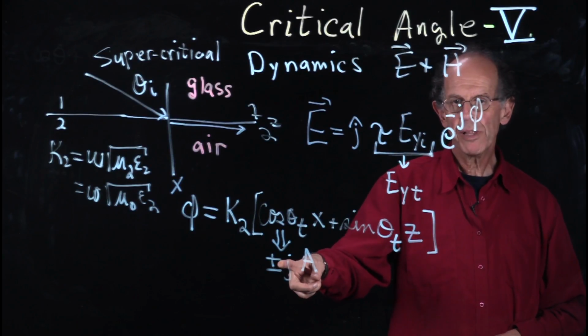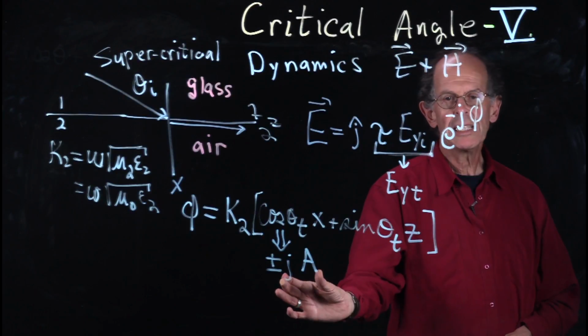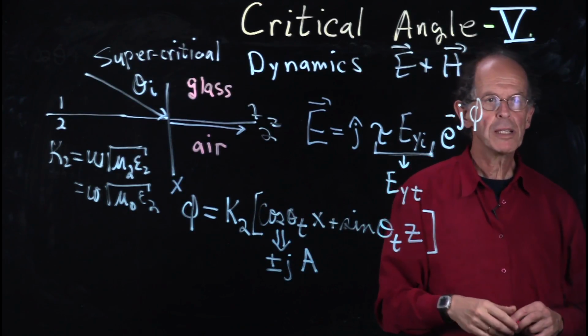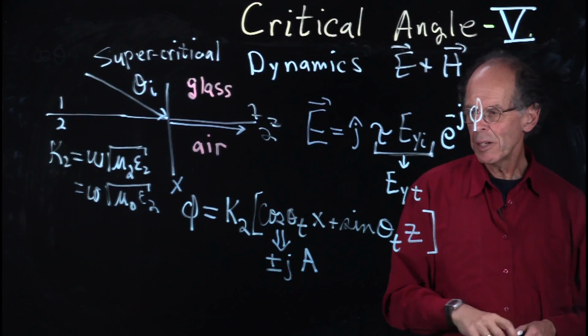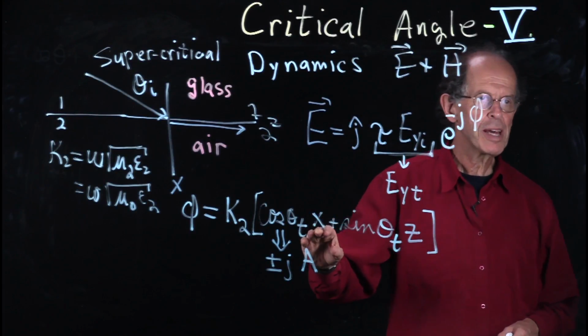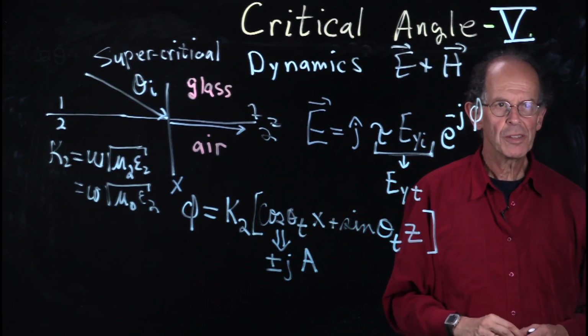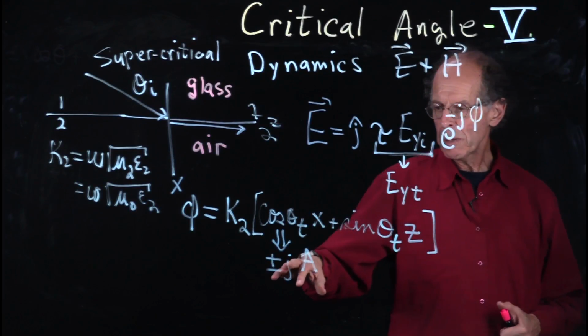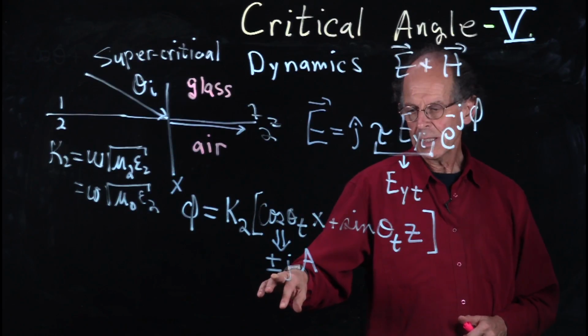If we pick the plus sign, when we exponentiate this here, we're going to get minus j times plus j, which is 1, which means as we increase x, the wave is getting larger, which is physically nonsensical. So we must pick the minus sign here.